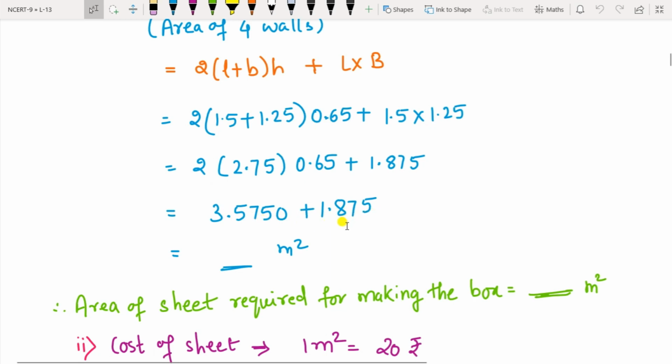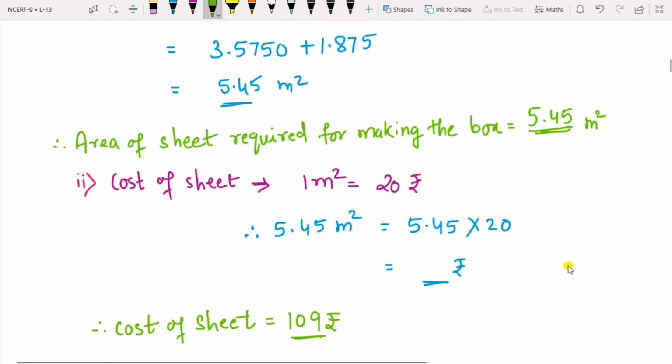Add these two and you will get 5.45 meters square. So that is the area of the sheet required to make the box which is open at the top, that is 5.45 meters square.